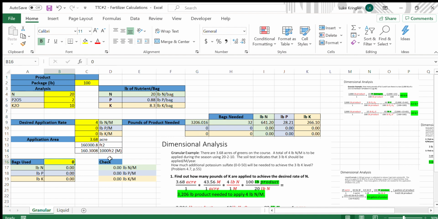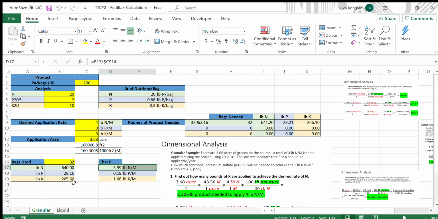So it's saying we're going to need 32 bags. I do that, and you can check here. And if you apply 32 bags of this product, you will be applying about 4 pounds of nitrogen per 1,000 square feet. Okay, and that's 3,200 pound bags, so it's about 3,200 pounds of fertilizer.